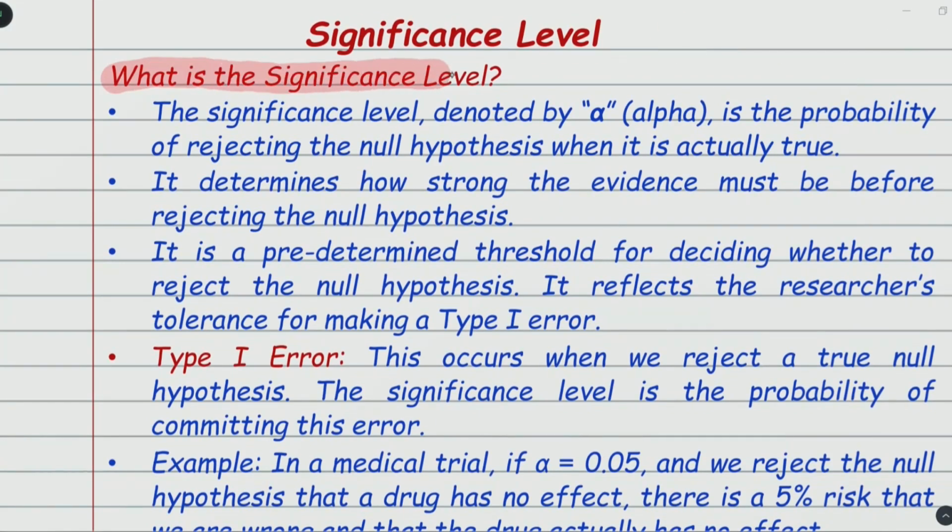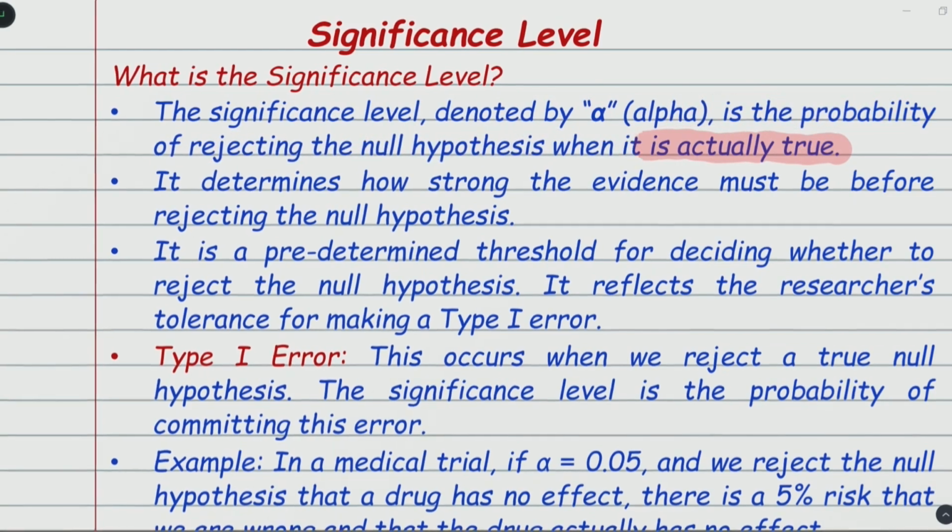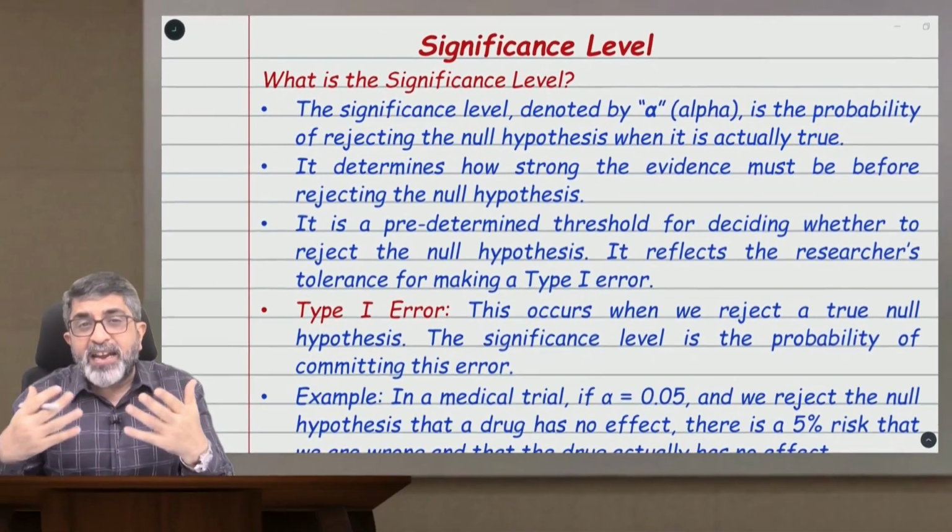What is the significance level? The significance level denoted by alpha is the probability of rejecting the null hypothesis when it is actually true. So, you know what it is that we are trying to do?